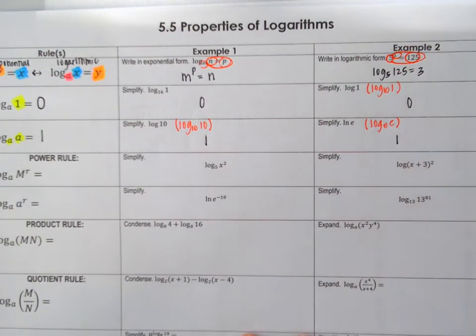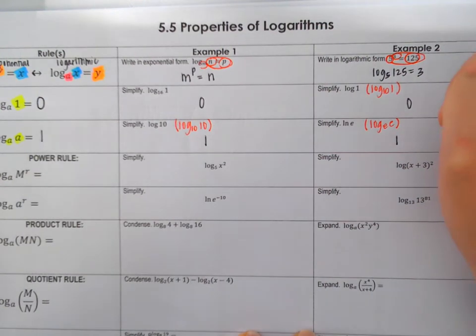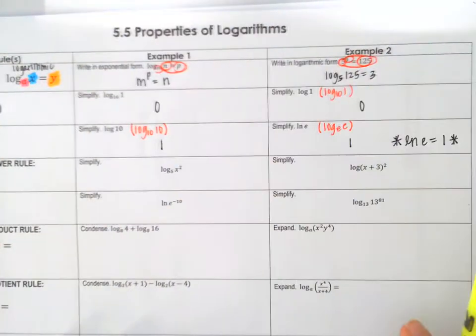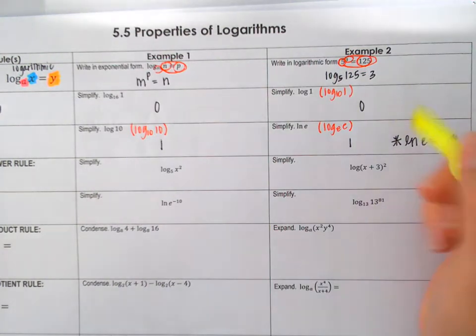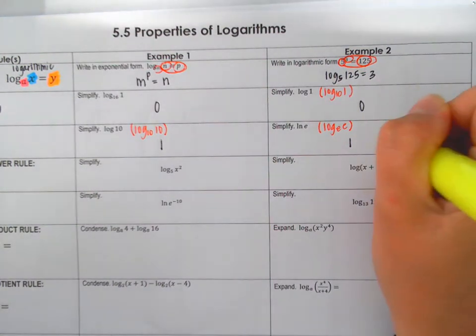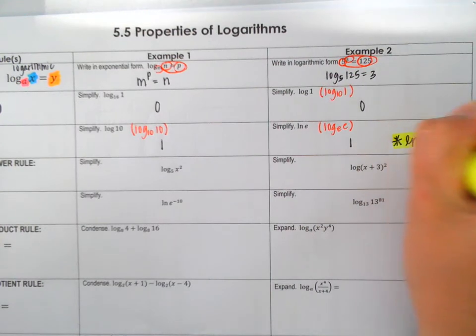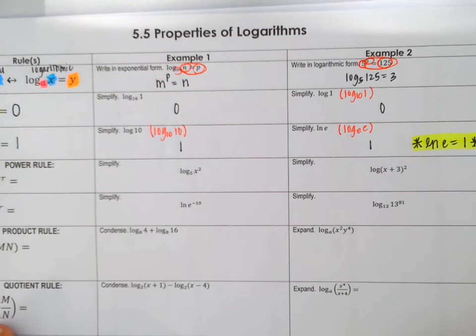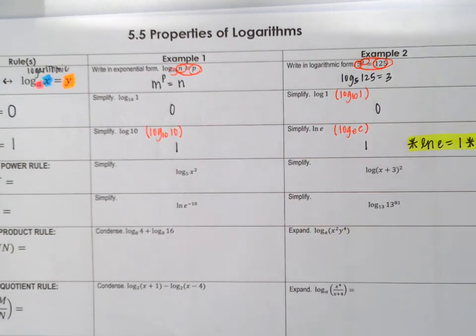We use it so much to simplify. So whenever you see ln e, if you know that you can cancel it out and simplify it to be 1, that's huge. Like I said, this comes into play so much throughout this unit. So if you have that memorized, that one's super important.